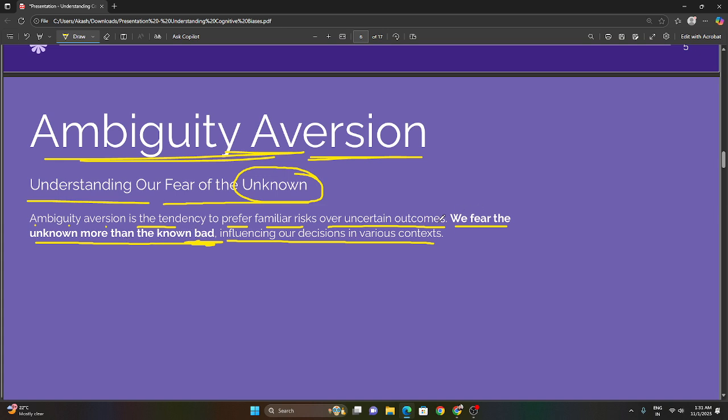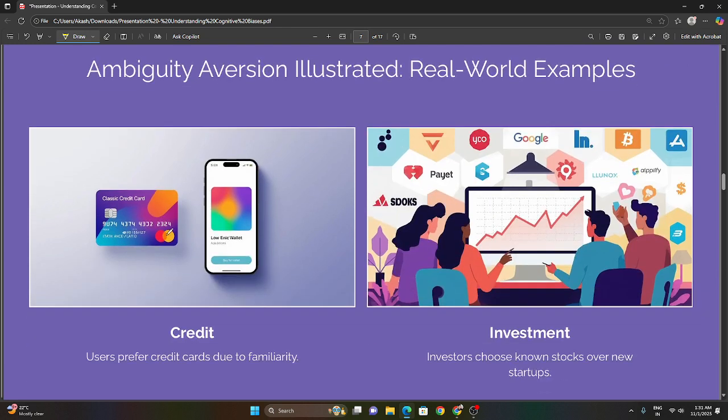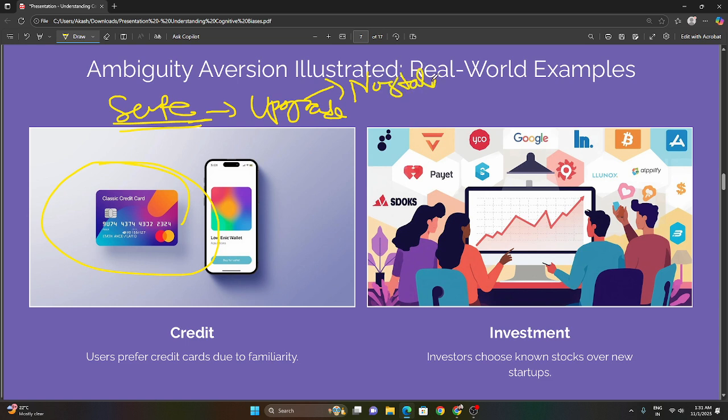This is very great. Users choose credit cards over new digital wallets, even if wallets are safer. That's the example here. They prefer the past, which looks like a safer option. They do not want to upgrade to something new. It is very similar to the feeling of nostalgia.